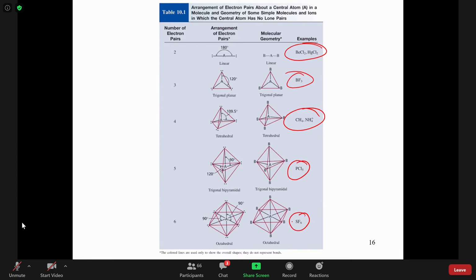Why do they bother with the lone pair? Christian, are you talking about putting these in? Is that what you mean? If that's what you're talking about, I keep promising I'm going to explain this to you.